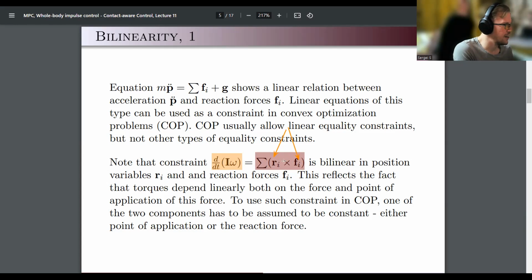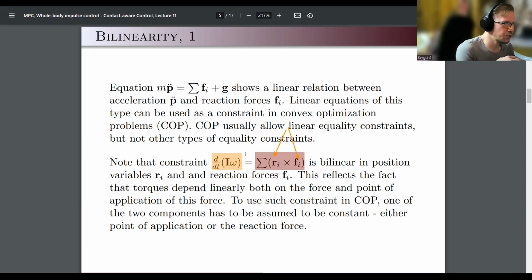Those Ri and Fi come linearly into the equation, but the equation is bilinear in those terms because the cross product is a linear operation. It is a linear operation between two vectors, and the result is a bilinear function of those vectors. So if you fix one of them, if you assume that one of them is a constant, like the reaction force is a constant, then it is a linear function of Ri.